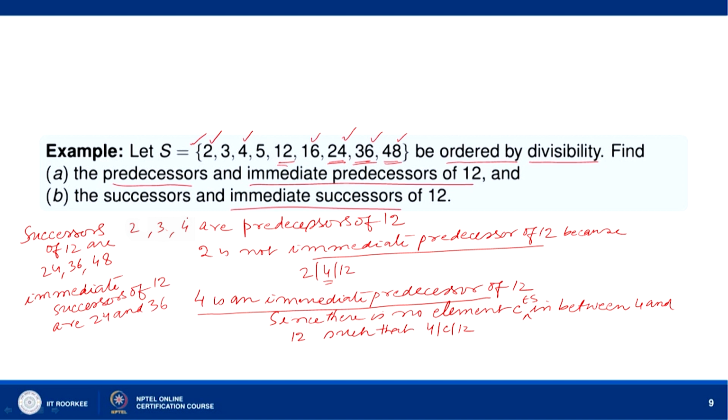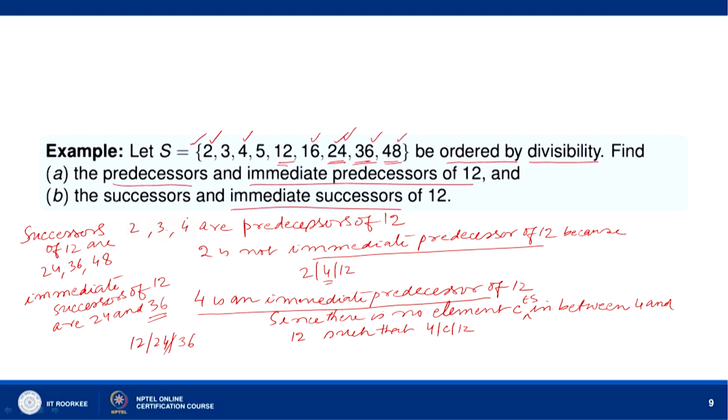So, we say that 24 is an immediate successor of 12. Also 36 is an immediate successor of 12, because we notice that although 24 lies between 12 and 36, 24 does not divide 36. So, 36 is also an immediate successor of 12.